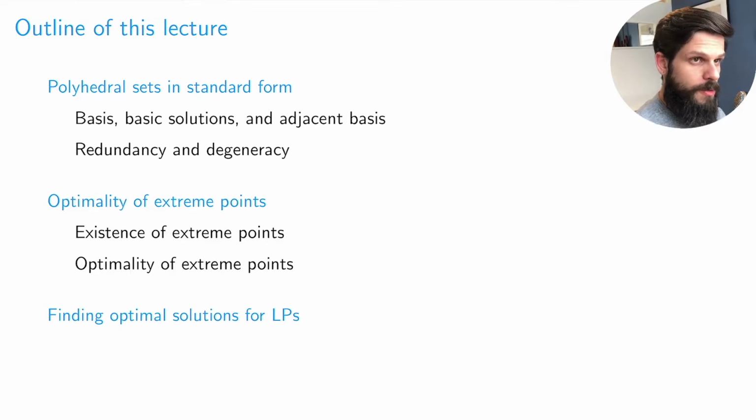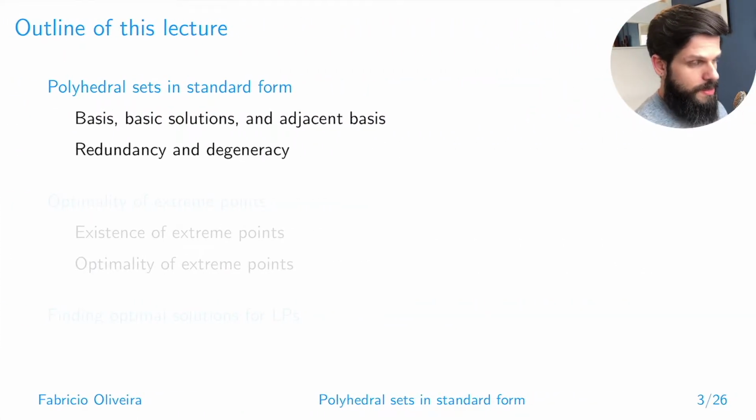And then we'll put it all together in a prototypical algorithm, paving the way to having a look at the mechanisms behind the simplex method. Even though by the end of today's class, we'll probably have seen most of what we need in terms of devising the algorithm. So this first video is about polyhedral sets in standard form.